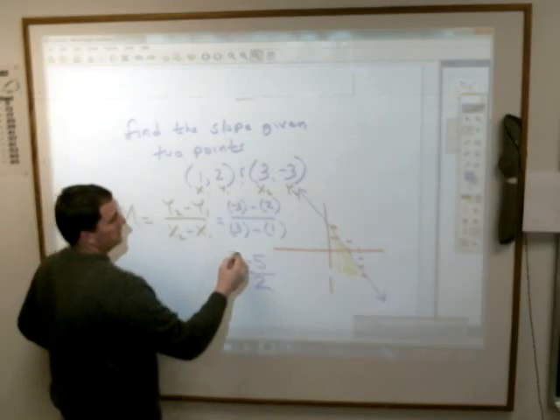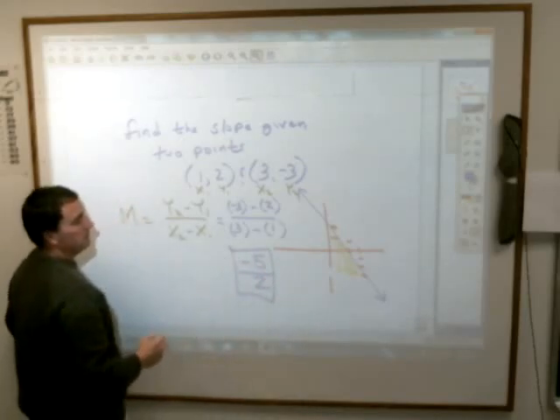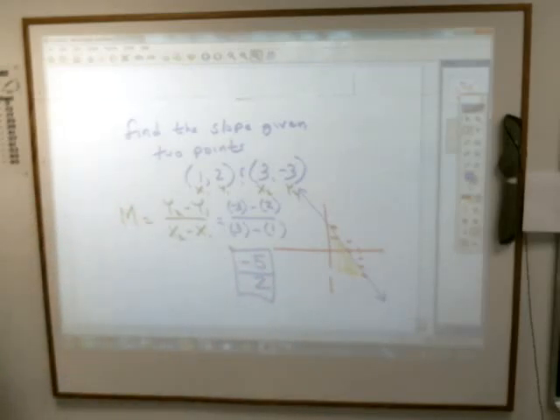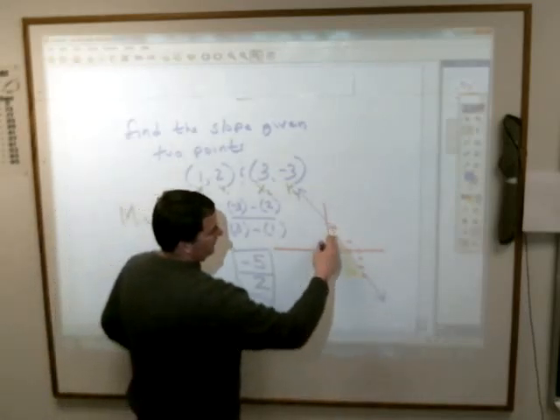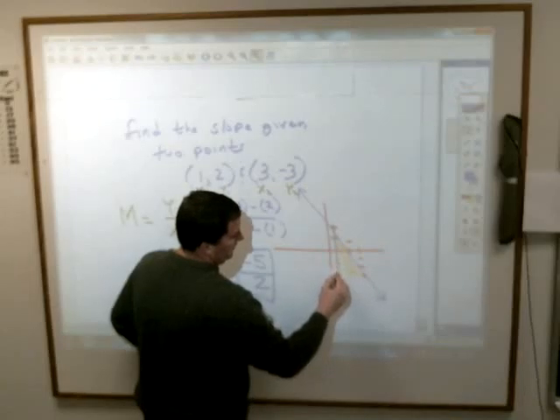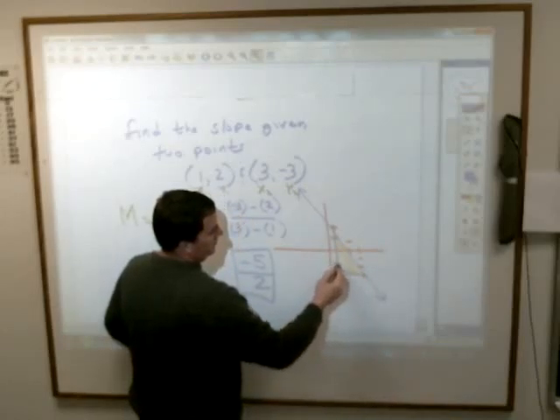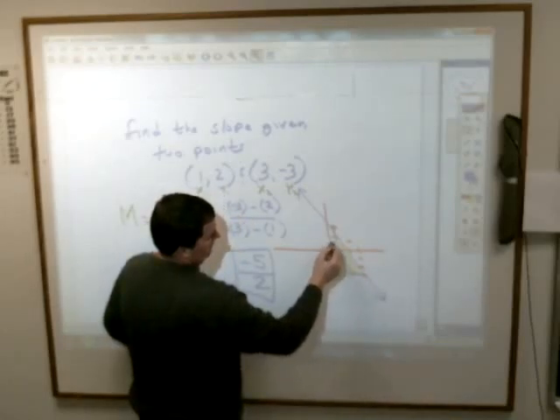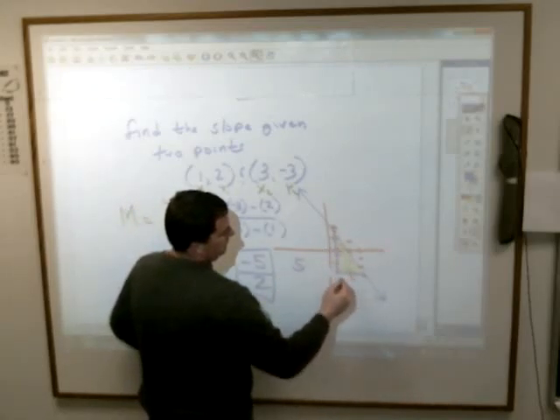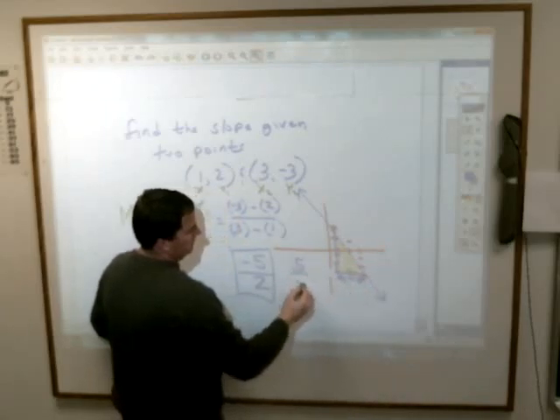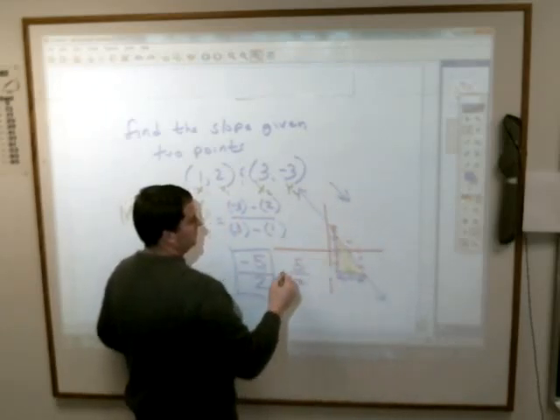You can't reduce it. This will be your slope. That's what the letter M is. I guarantee you if I count up this triangle here, it is 1, 2, 3, 4, 5 high. This triangle is 2 wide, and it's going downhill, so it's a negative slope.